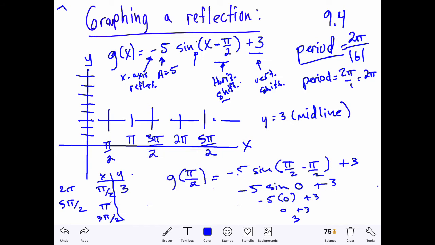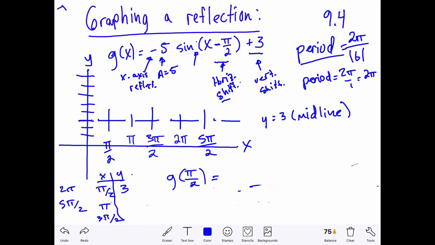Let me erase and let's evaluate our next point. Okay, g of pi. Well, that'll be -5 sine of pi minus pi halves plus 3.